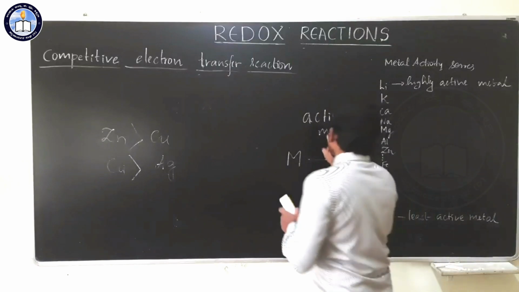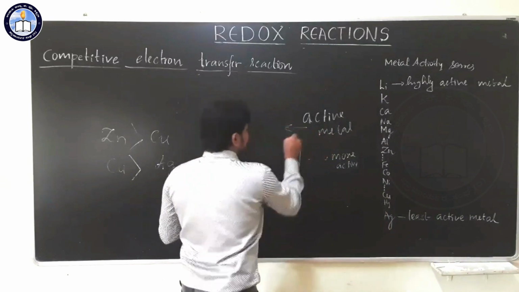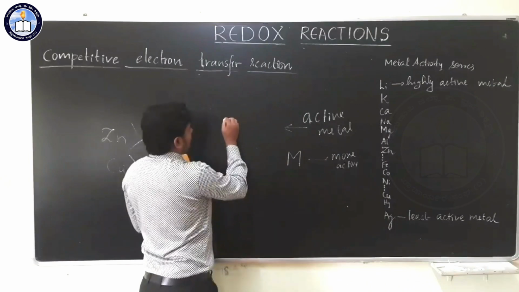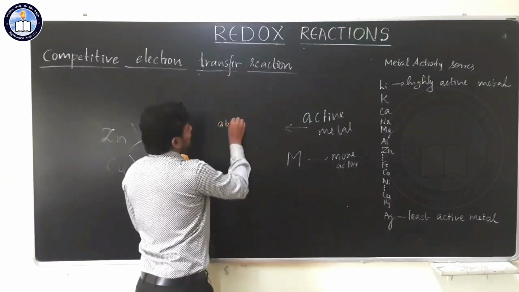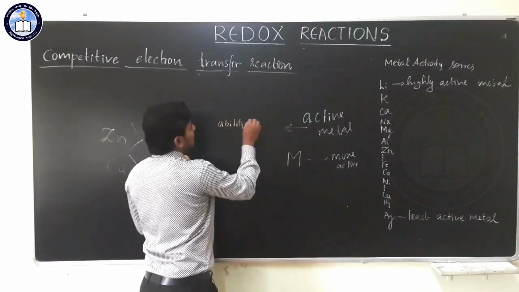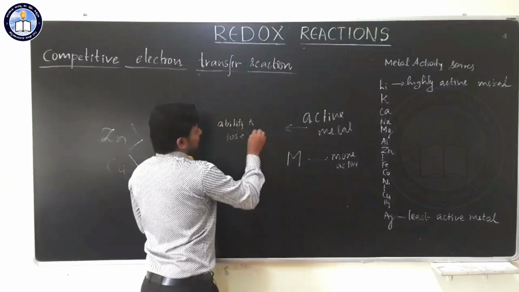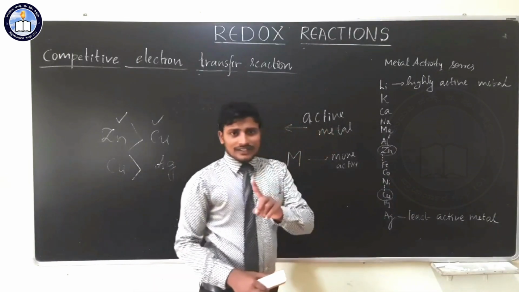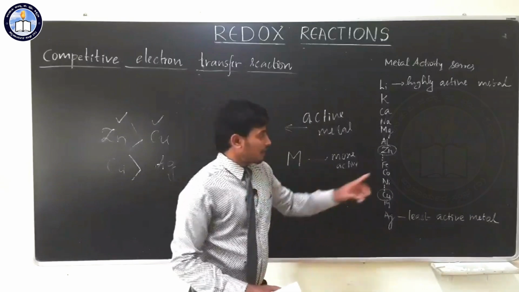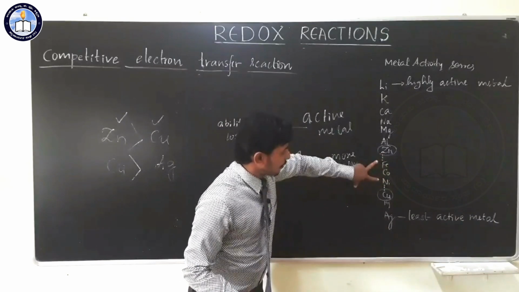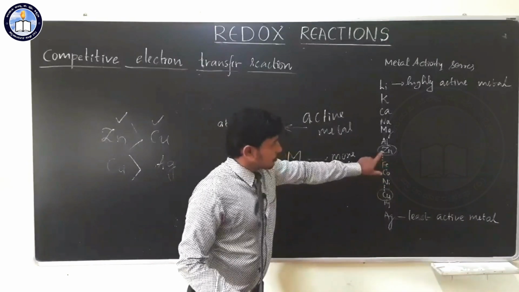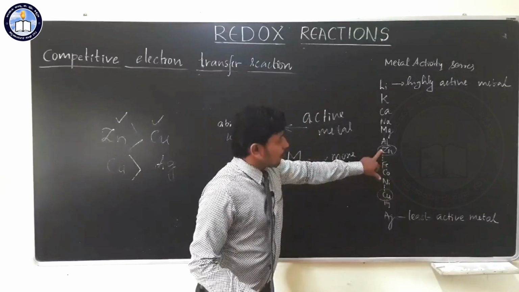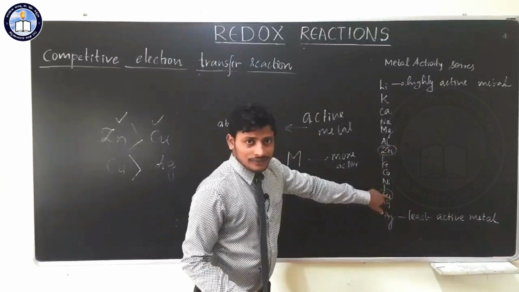That means the activity of a metal can be linked with its ability to lose electrons. In the activity series, I just need to compare zinc and copper right now. Zinc is more active than copper, isn't it?